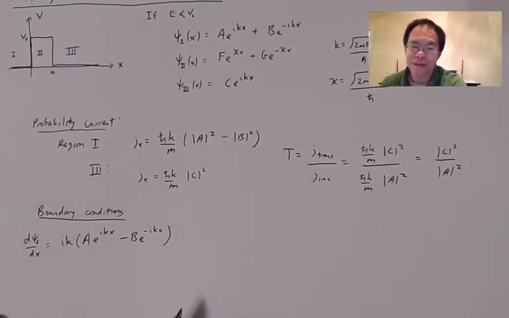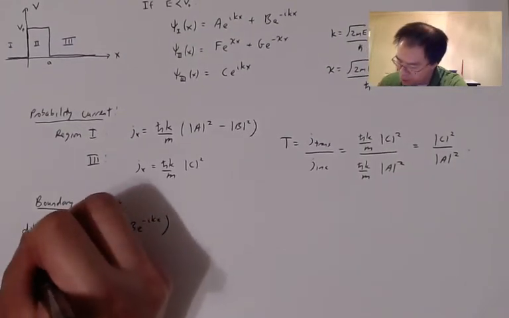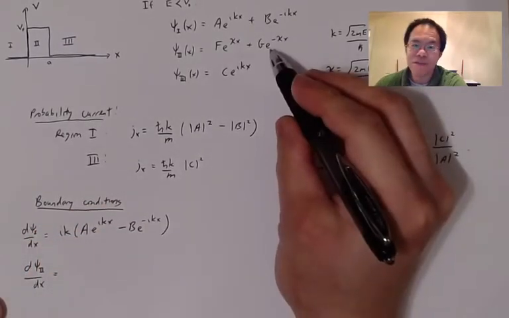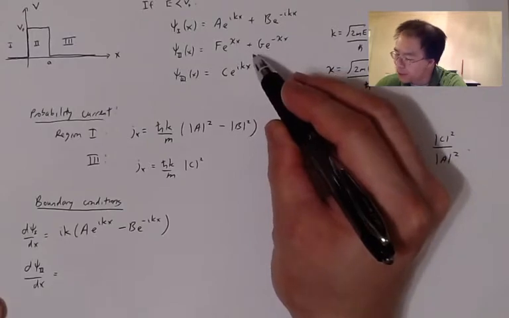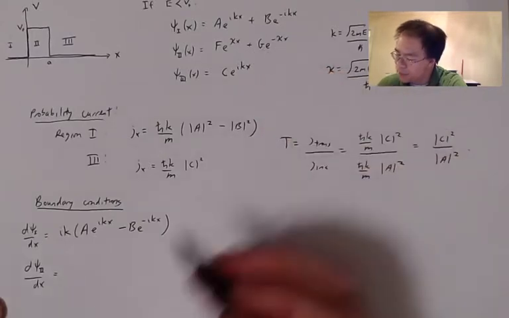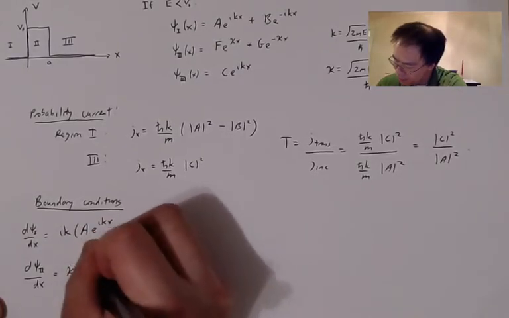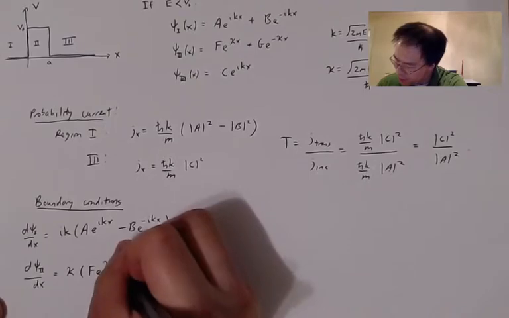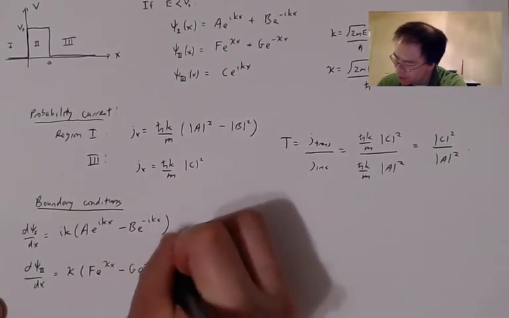Okay. Let's go on to region 2, dψ2/dx. Differentiating this is similar. It's going to pull down factors of kappa, and then flip the sign on this term, so we get κ(f e^(κx) − g e^(−κx)).